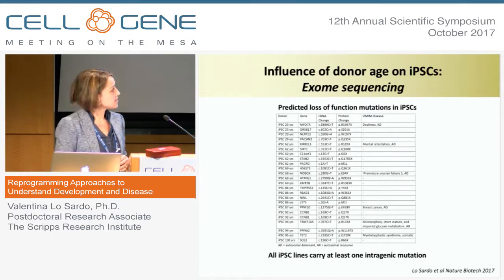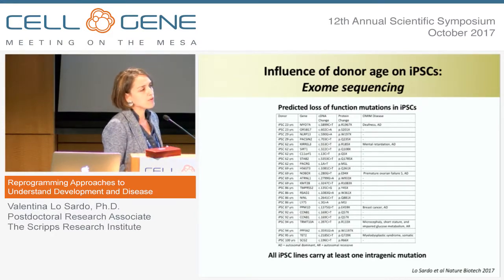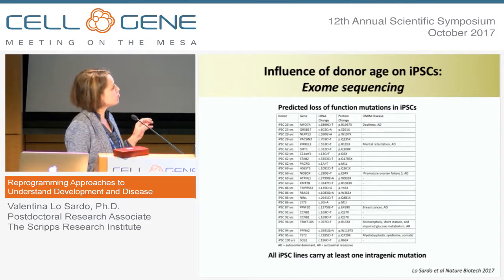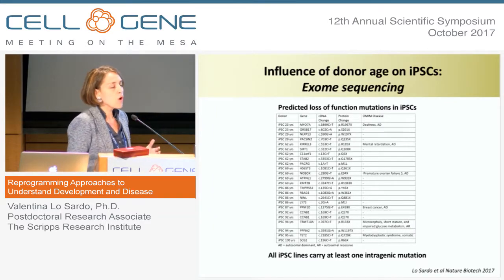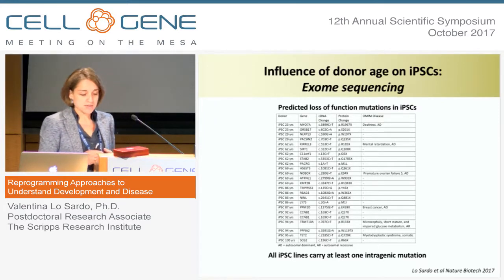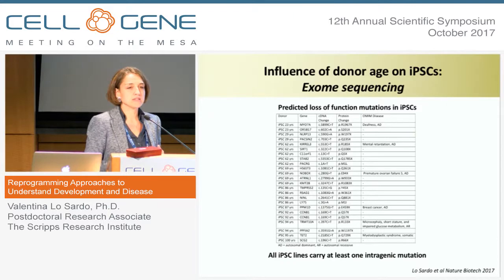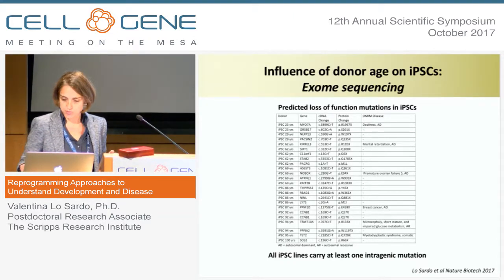This is just a table of a few mutations we found in our iPSC lines. These are predicted to be loss of function mutations. They are in genes that most of the time are important for disease. So what we want to know is where our mutations are and if they are impacting disease-causing genes, because this is going to be an issue if we want to do transplantation.